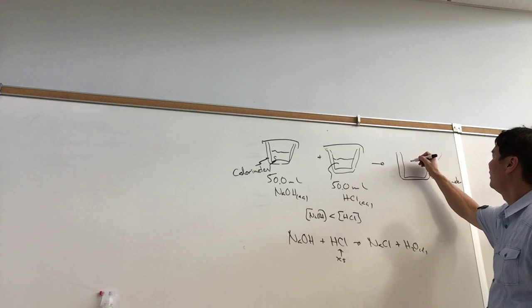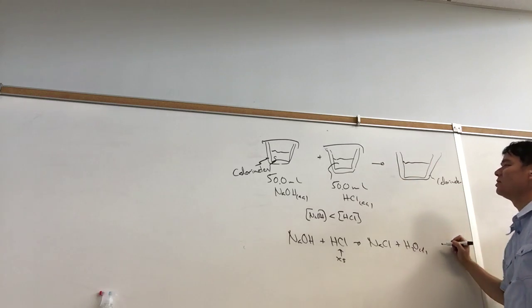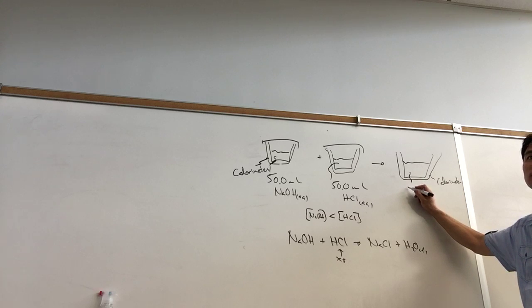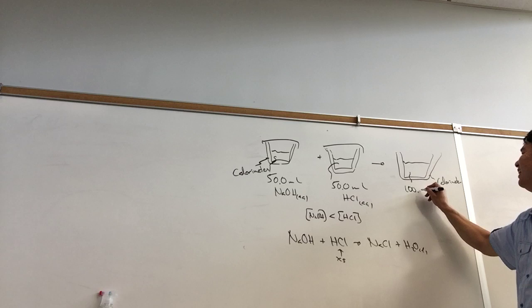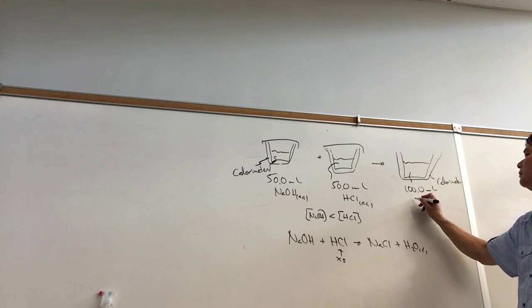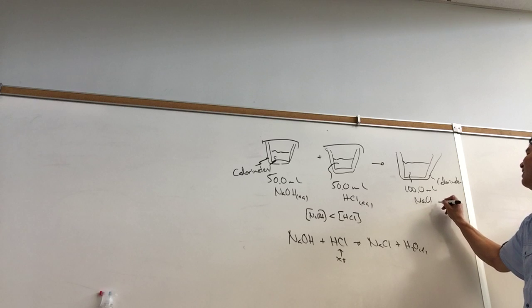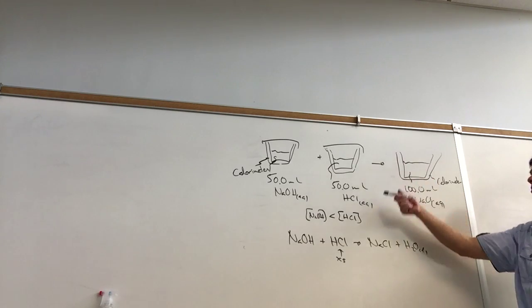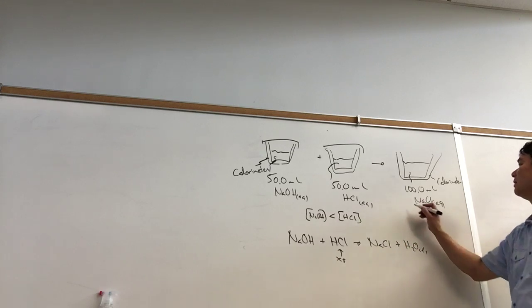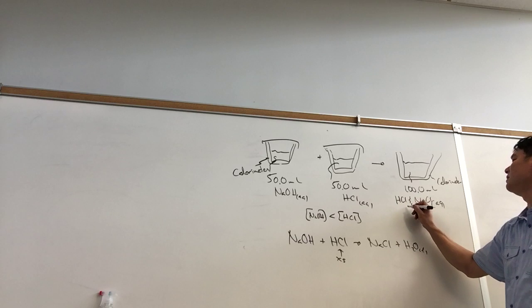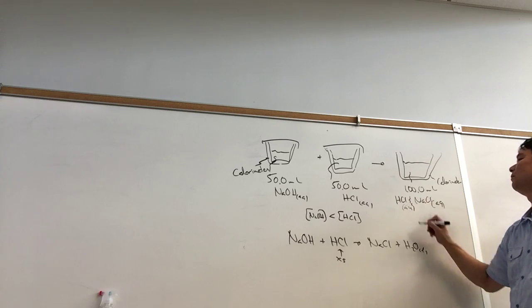And then how many milliliters of solution should we end up with, roughly? We're going to end up with 100.0 milliliters of NaCl AQ, right? Sodium chloride AQ from this acid-base reaction. But there's going to be a little bit of HCl, so we'll just say HCl and NaCl AQ.